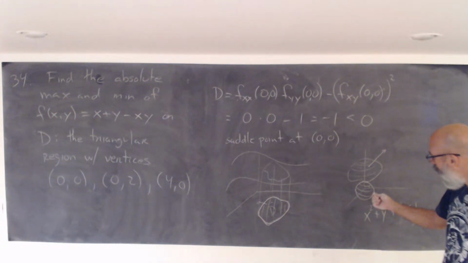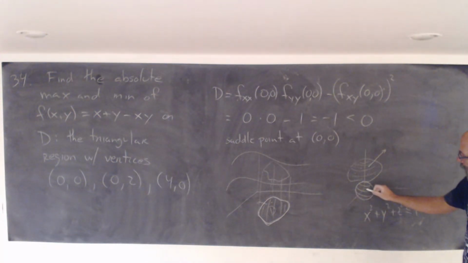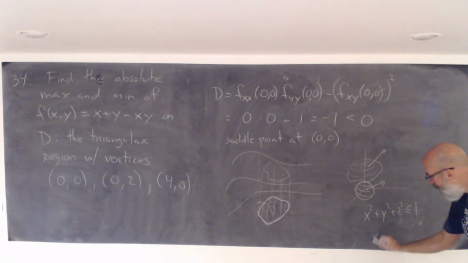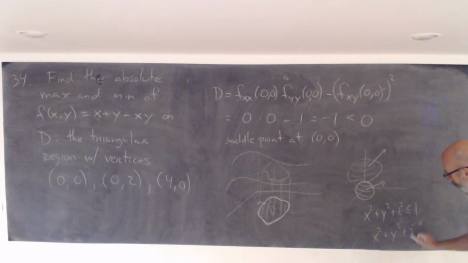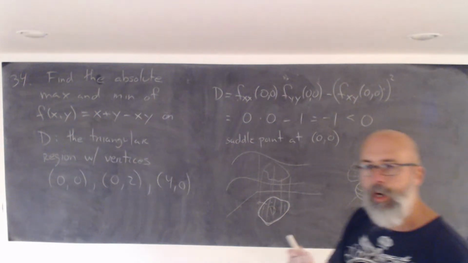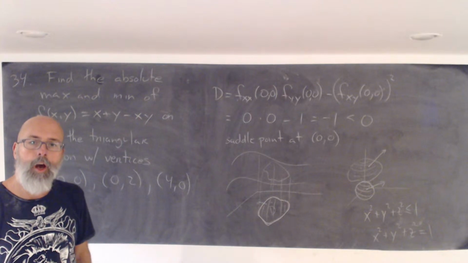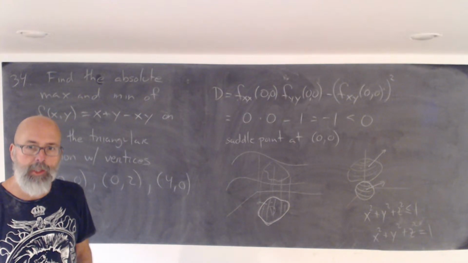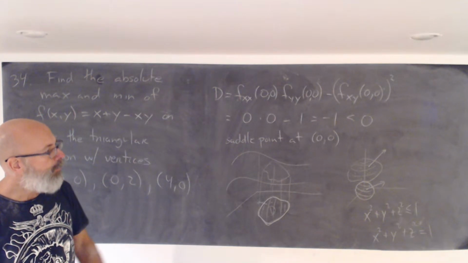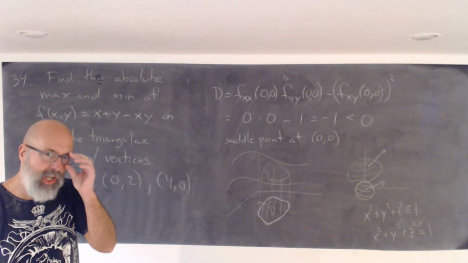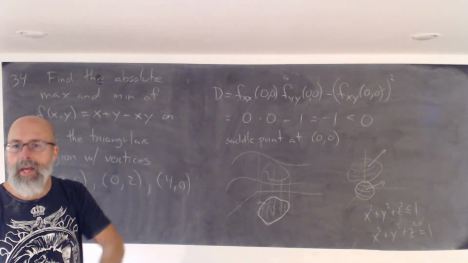The domain, the boundary: if you're inside and you want to go out, the last thing you cross is the sphere of radius 1. The sphere of radius 1 is the boundary of that 3D domain. The boundary in higher dimensions, or in 3D, is essentially the surface you would paint.